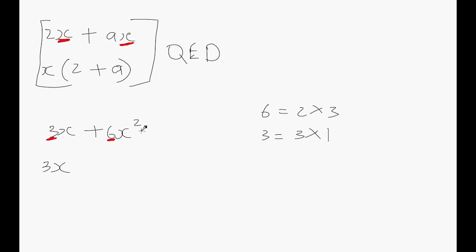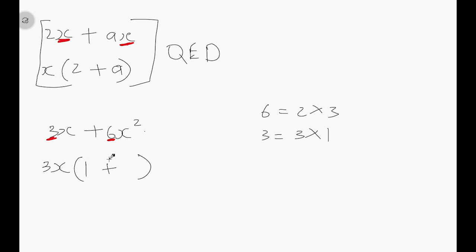So 3 is common to both terms, along with the x, so you write down your 3x there. And now you find whatever you would multiply 3x by to get back 3x, and that is just 1. Maintain your plus sign.